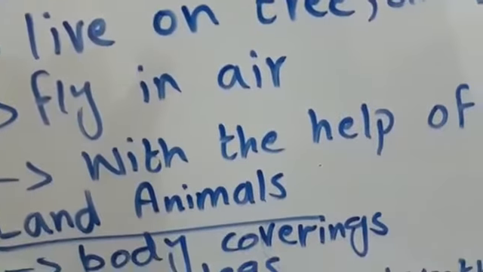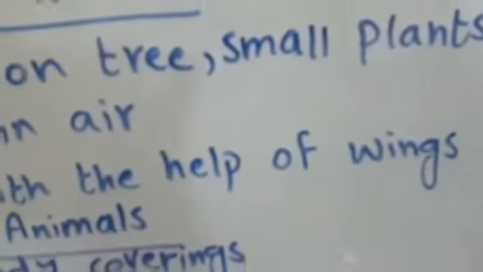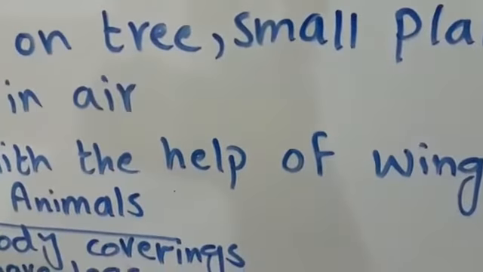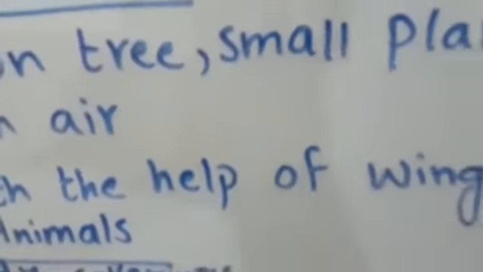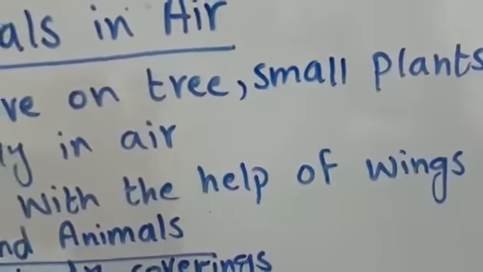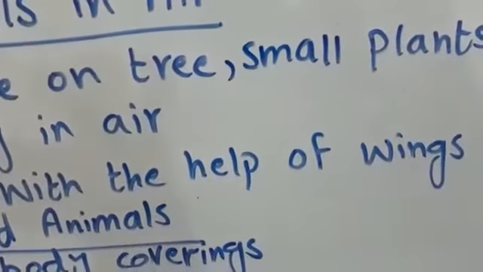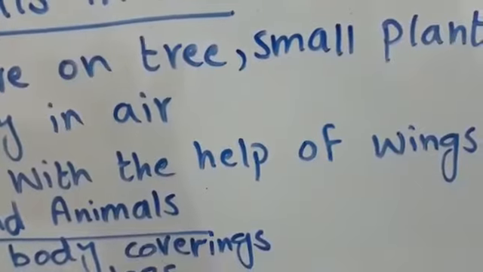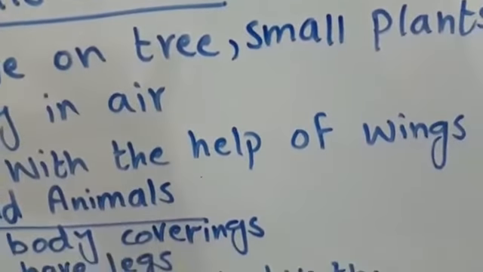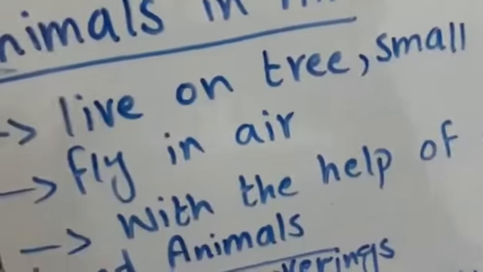They fly with the help of wings. Can you see the sparrow? The most common bird which you can easily see in the sky is flying with the help of wings.